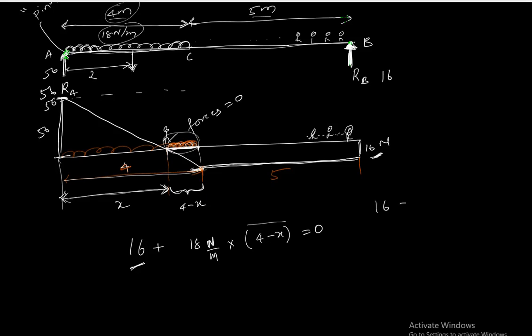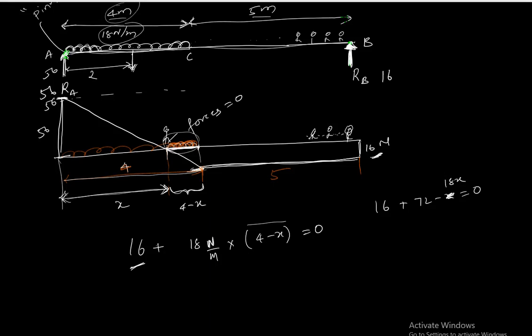16 plus 72 minus x is equal to 0. Okay, no, I'm missing something. 16 minus 18x. 16 minus 72, right?